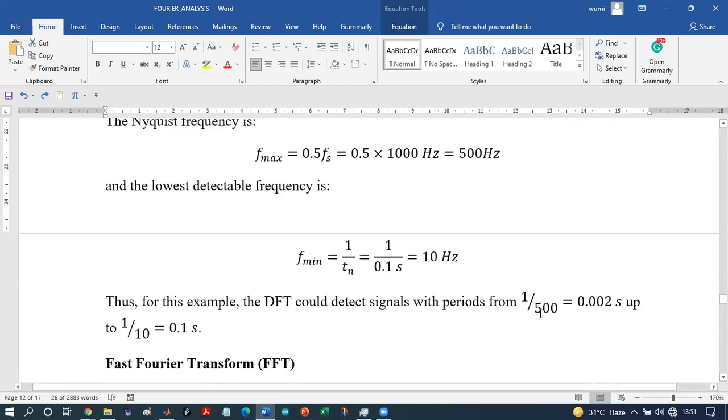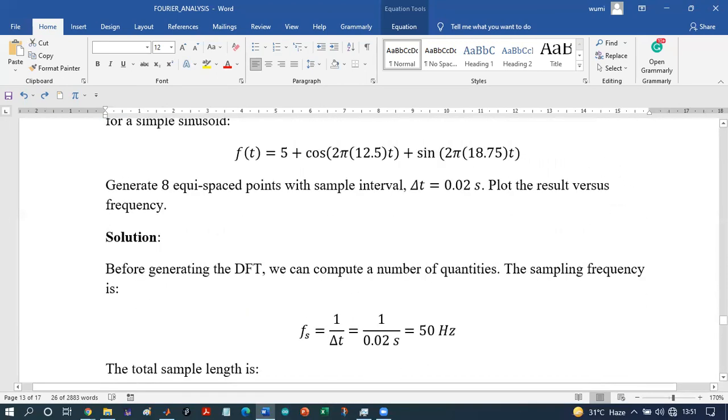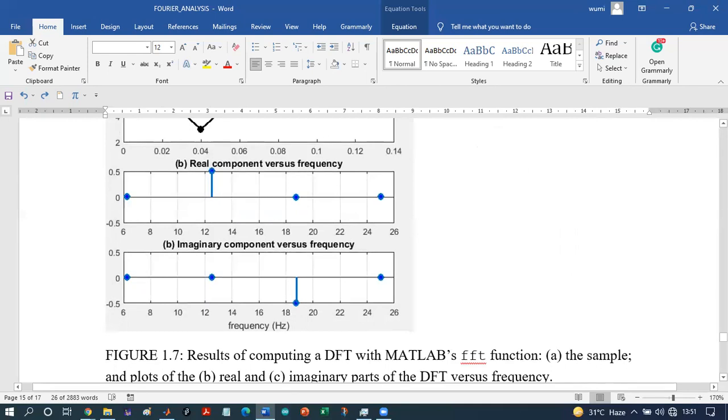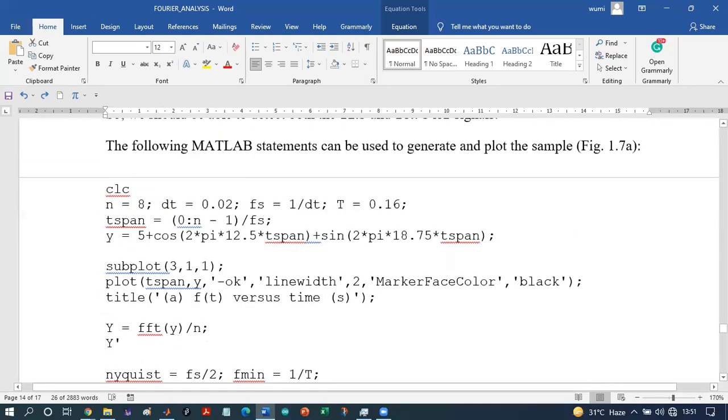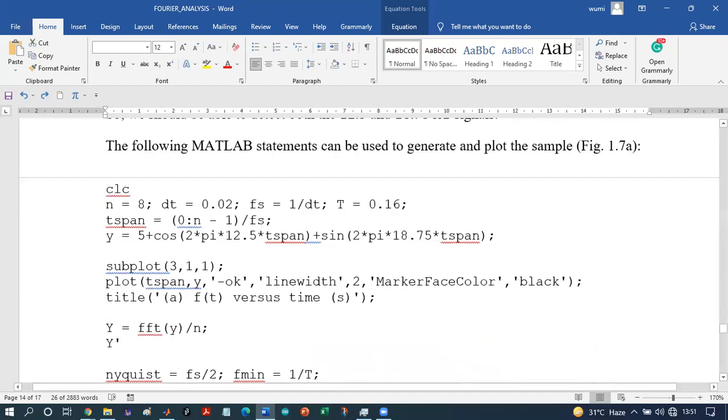So that's why I brought in the MATLAB approach. Like I said, you should be able to do the two. So I will just go through the MATLAB approach to solving the problem. You should be able to write the MATLAB code, given a question, to find the DFT.